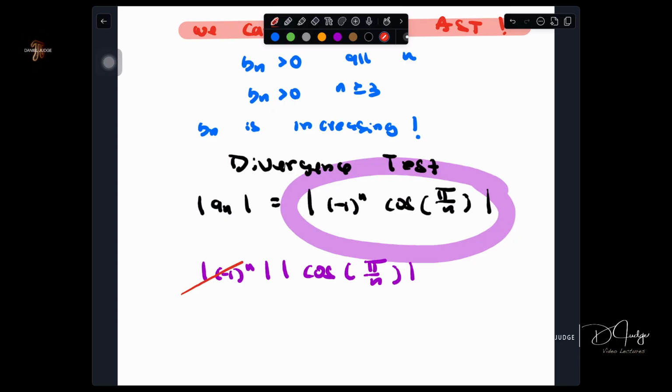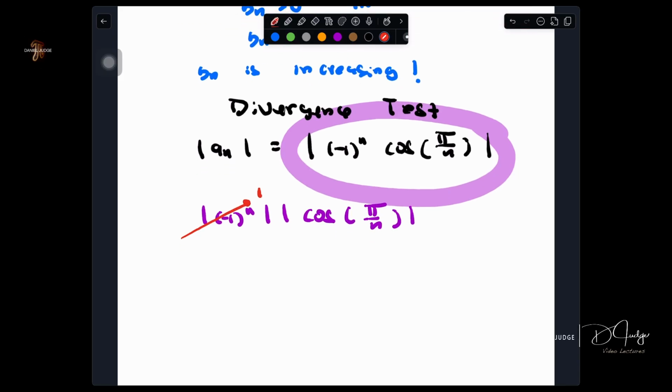I think this is 1. And we got the absolute value of cosine pi over n here. We're going to look at the limit here.